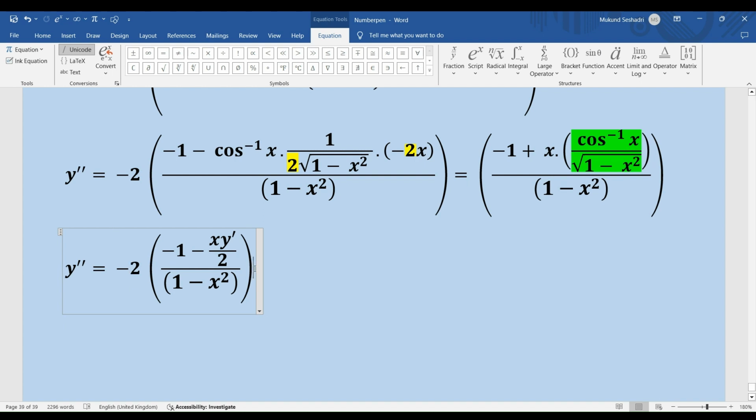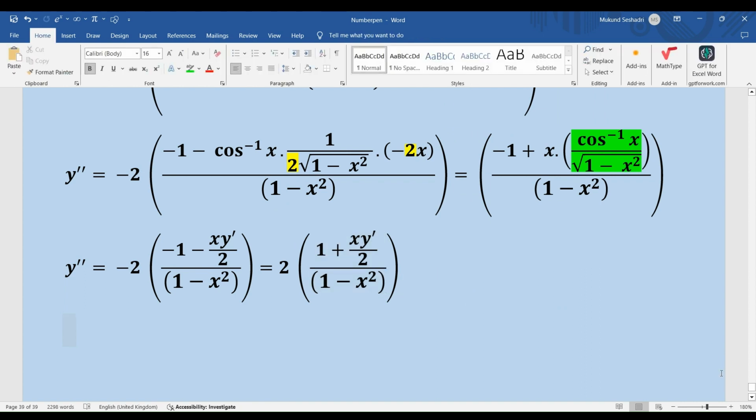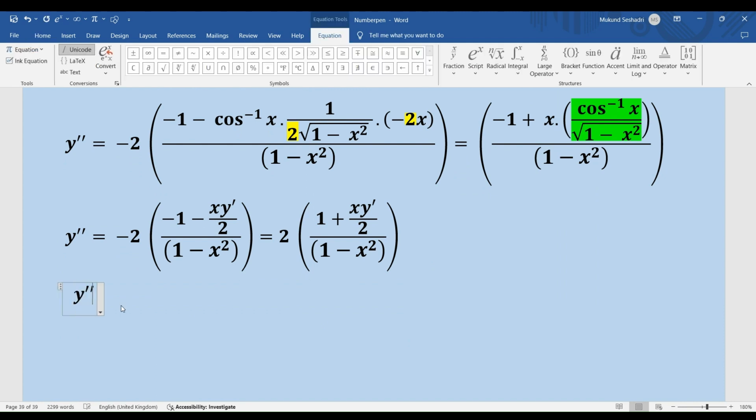And I know that I can pull out the minus sign and write this as something like this, right? So this is what I get. Now I'm going to move my 1 minus x square to the left by cross multiplication. And I think we have more or less arrived at what we want to arrive at, right? So I have y double dashed into 1 minus x square equal to 2 times 1 plus x y dashed by 2.